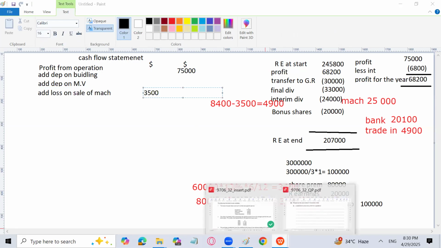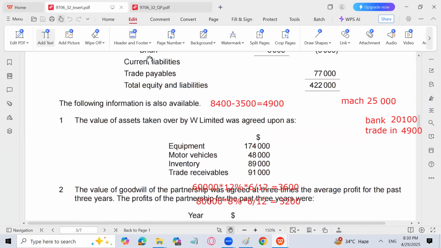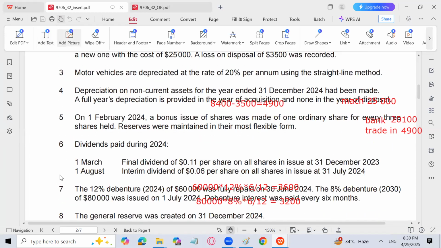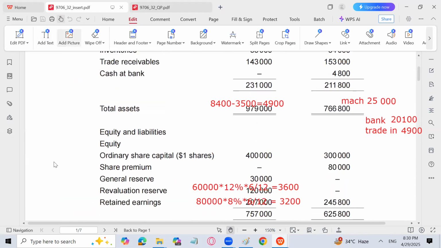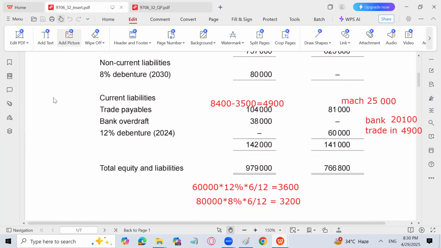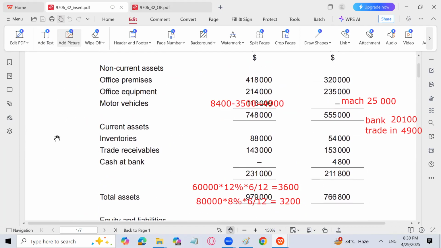So let's talk about depreciation again. First of all, we have to see the depreciation. If you just look at the question, office premises is 3,20,000, right? And the premises has been revalued by 1,20,000. So 3,20,000 plus 1,20,000 becomes 4,40,000, right?